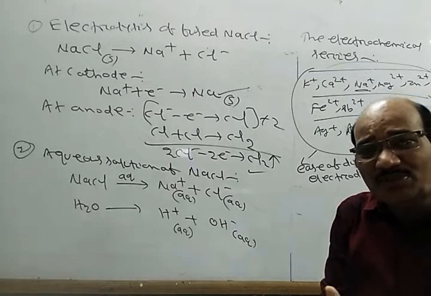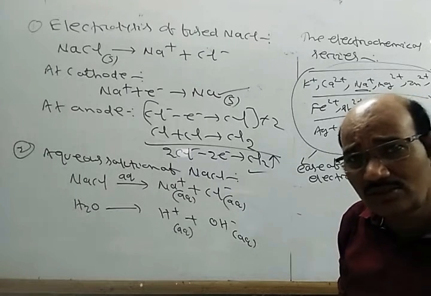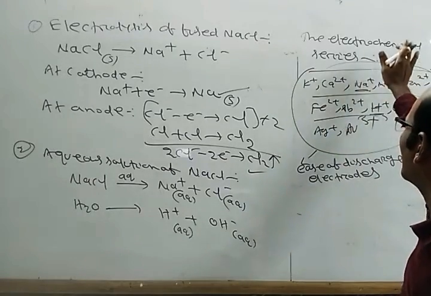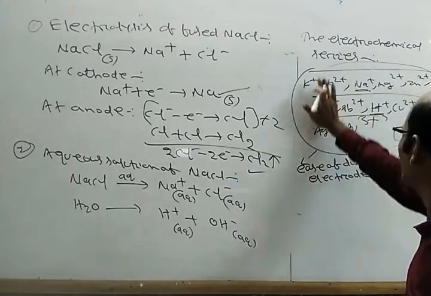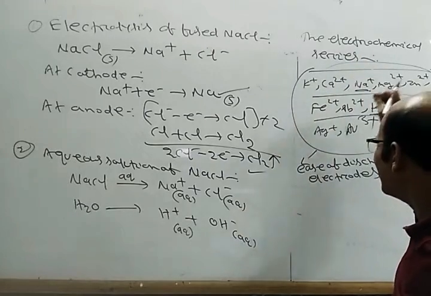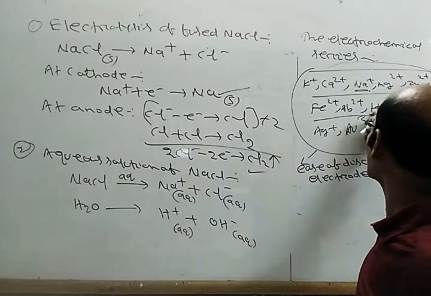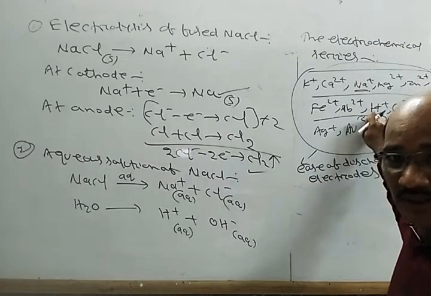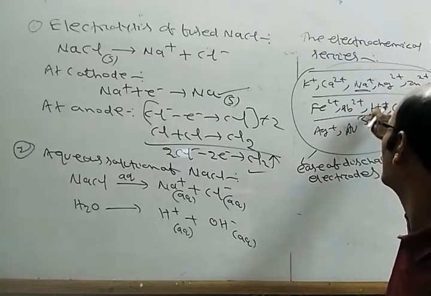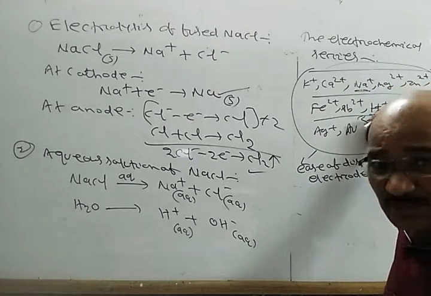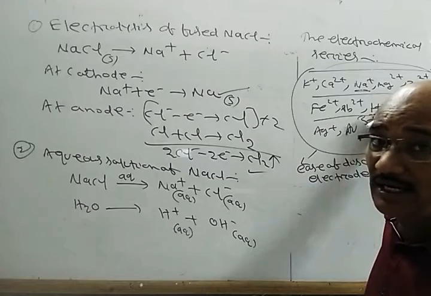Whichever has the higher reduction potential will undergo reduction, right? This is the electrochemical series where the electrodes are arranged by ease of discharge potential. So when I have Na+ and H+, the H+ will discharge as compared to Na+.